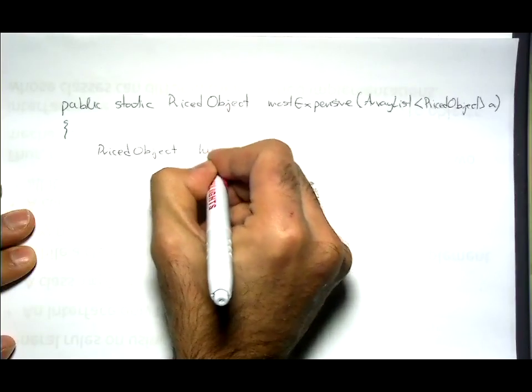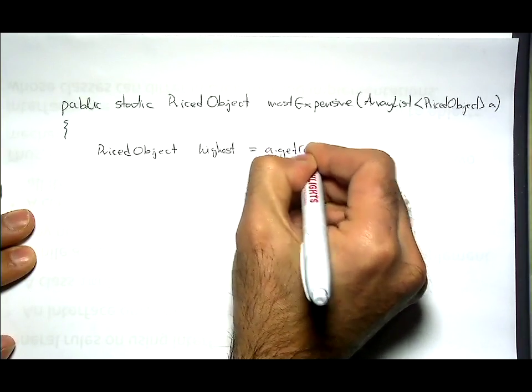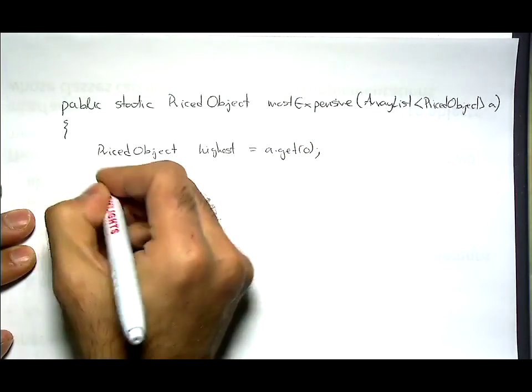Let's say highest equals a.get(0). So this is the highest so far, and then I go in a for loop.